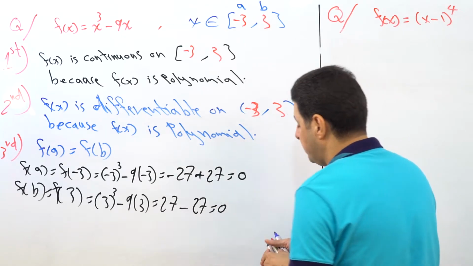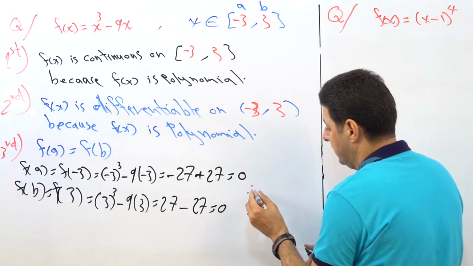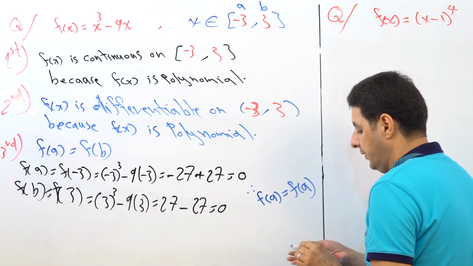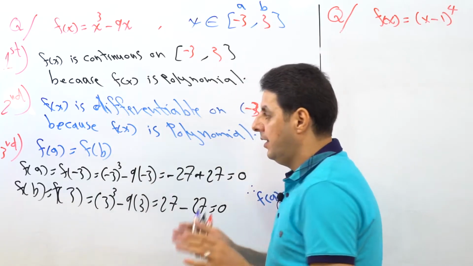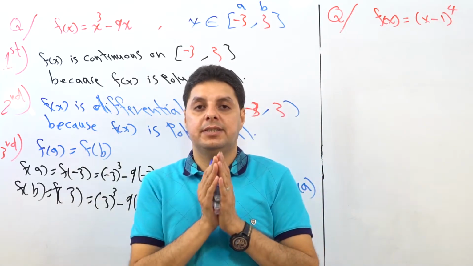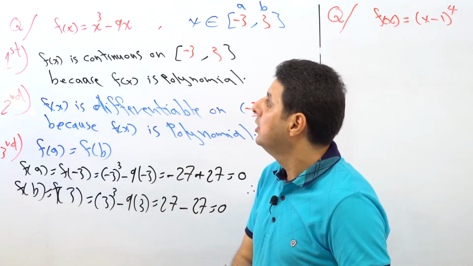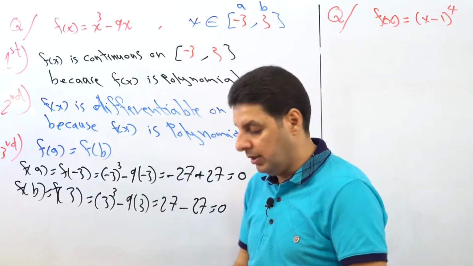Then f of A equal f of B. Then the function satisfies Rolle's theorem. إذا الدالة تحقق شروط مبرهنة رول.